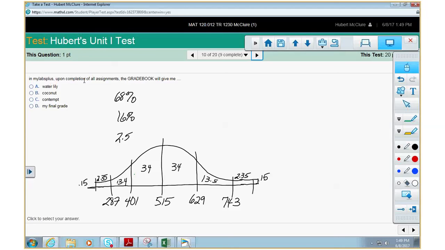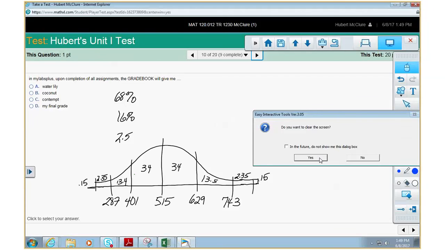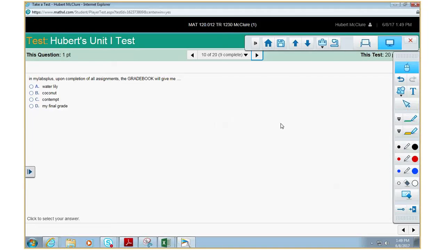In MyLabsPlus, a complete. Oh, this one is the one that people get wrong. This is the question, and people say, well, why didn't you put that on a test? I have people at the end of the semester that will come to my office and ask me, how do I know my grade? And everything is on MyLabsPlus.